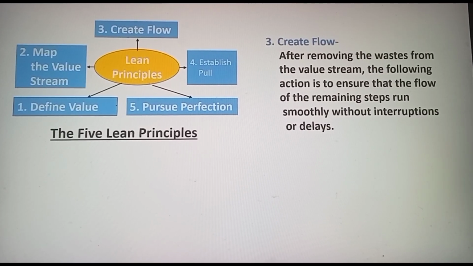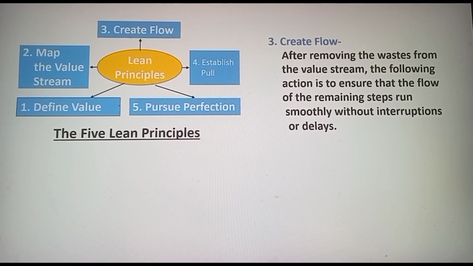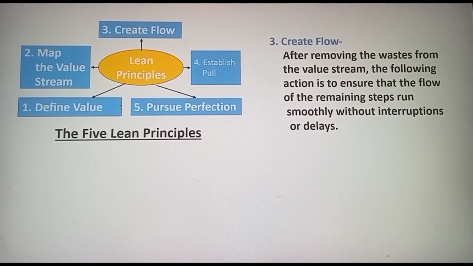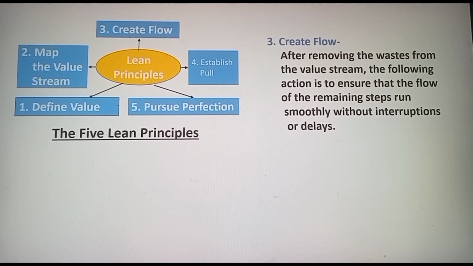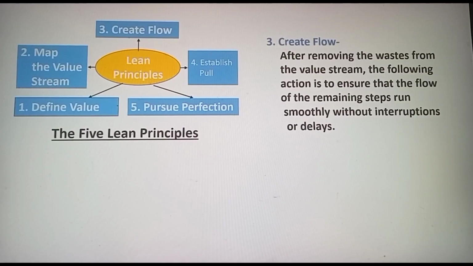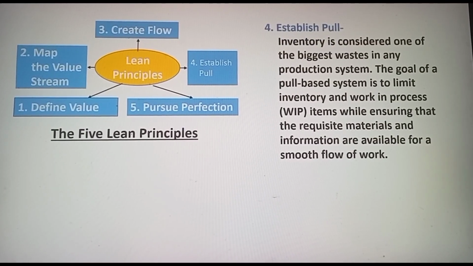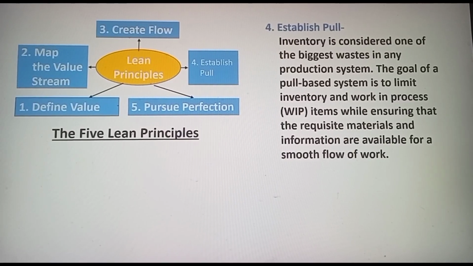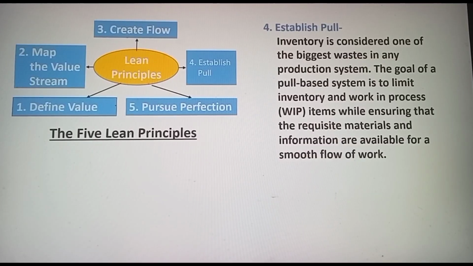Third, create flow. After removing the wastes from the value stream, the following action is to ensure that the flow of the remaining steps runs smoothly without interruptions or delays. Fourth, establish pull. Inventory is considered one of the biggest wastes in any production system.